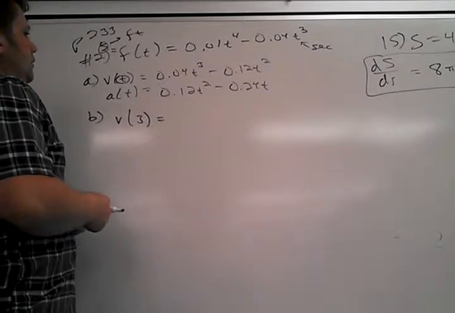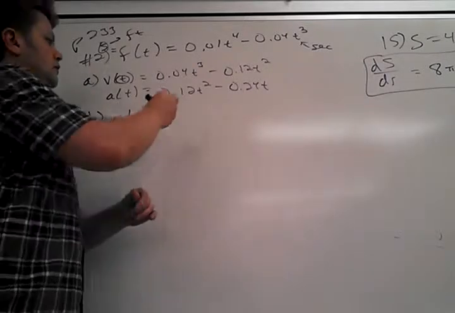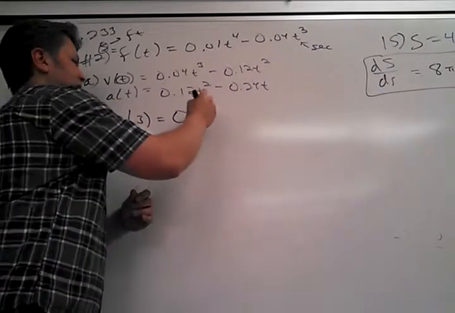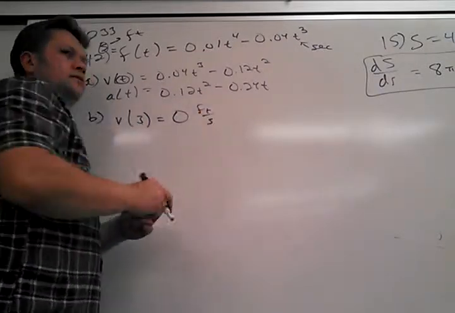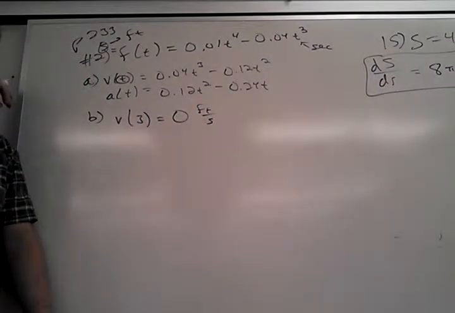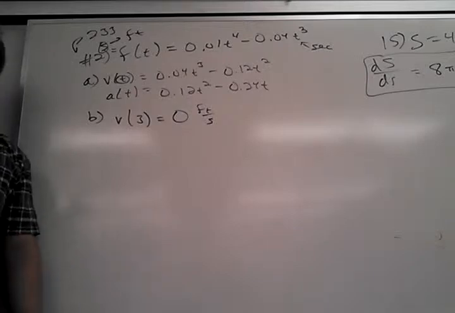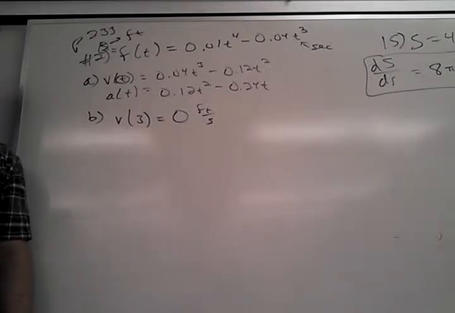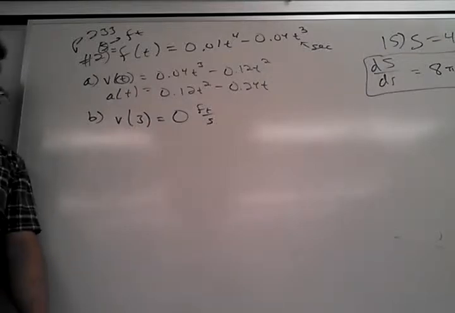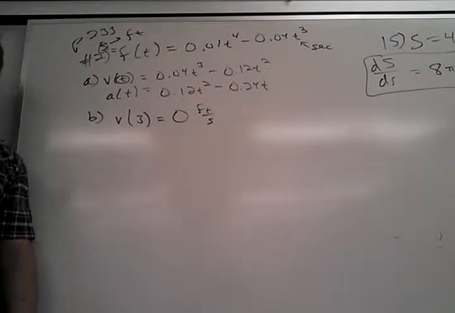Is it 0? Yeah, it's 0. Feet per second. And trust me, on the test, if you don't put units down, I will take points off. It's just that that's the appropriate way to answer this question.